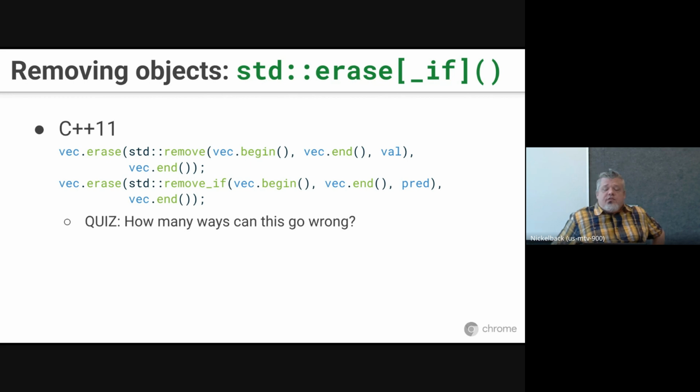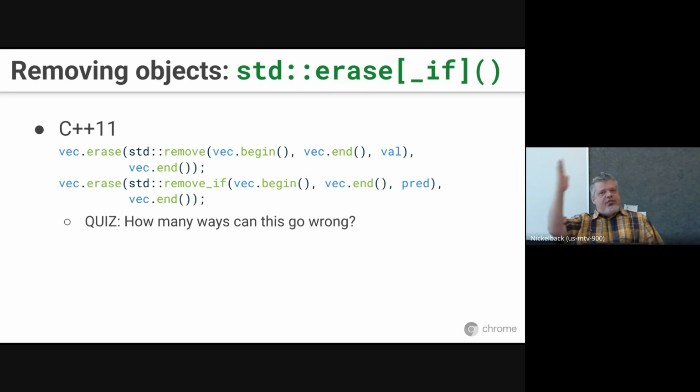There's a convenient standard library algorithm called remove, and when you call it, it doesn't remove anything. Yay. It turns out remove basically just shifts the non-removed elements to the front of the container, and what's left at the end of the container is unspecified. Might be the removed elements, might be garbage, who knows.